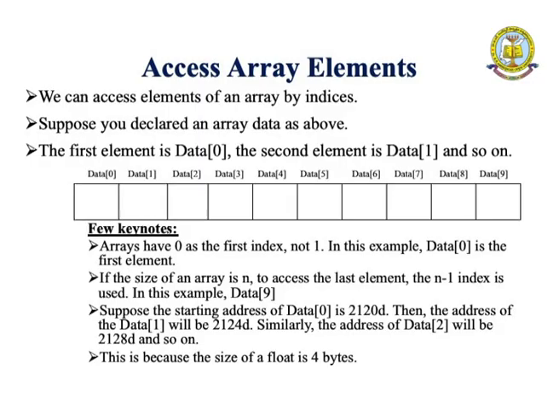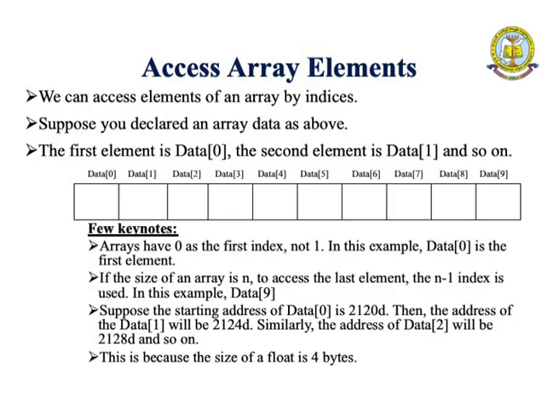You can see in this picture the array name is data, and the array size is 10. If you want to store 10 elements into an array named data, the first element will be stored in data of 0. Here the 0 is being called the index number, that is the first index number.